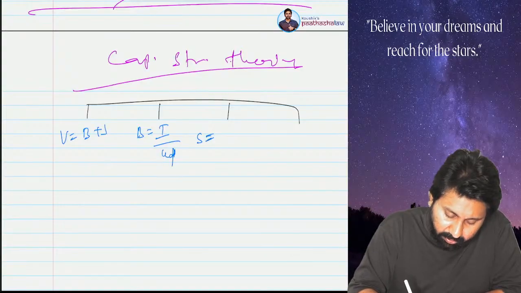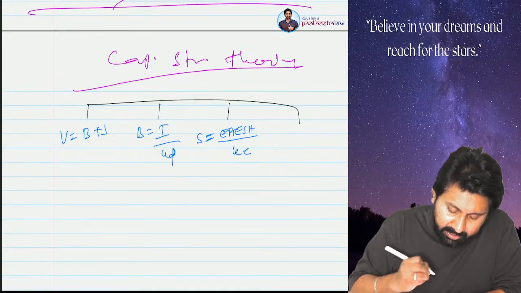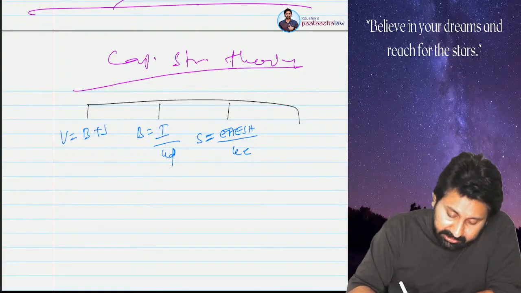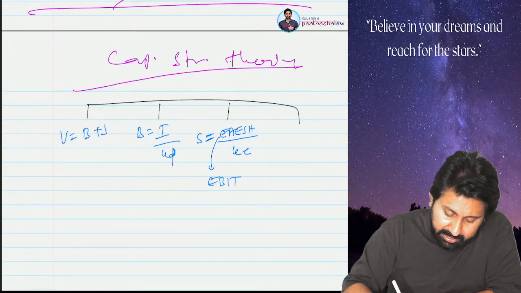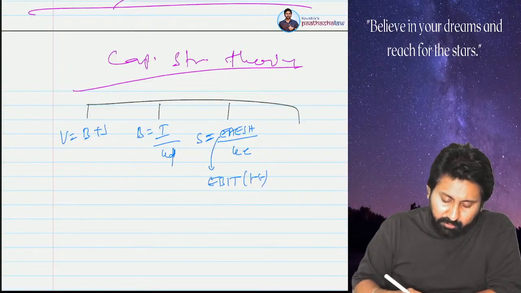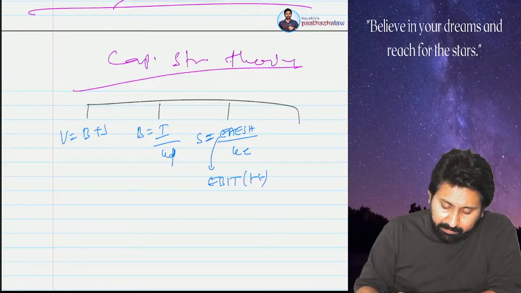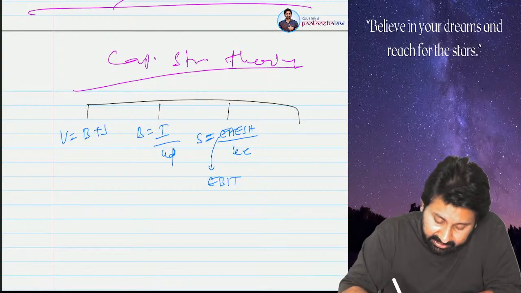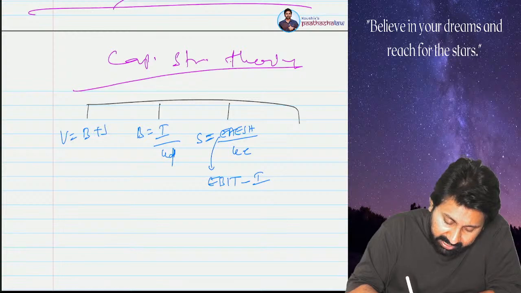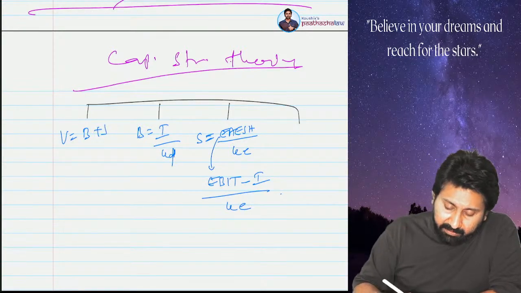S equals EAESH divided by KE. Instead of writing EAESH, technically, with tax, it is EBIT into 1 minus T. Without tax, it is EBIT minus I divided by KE.